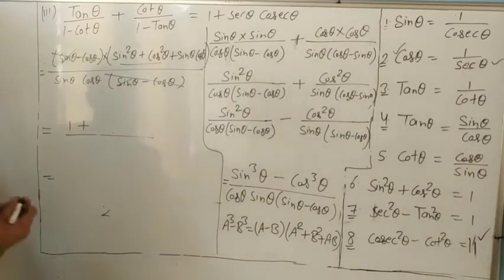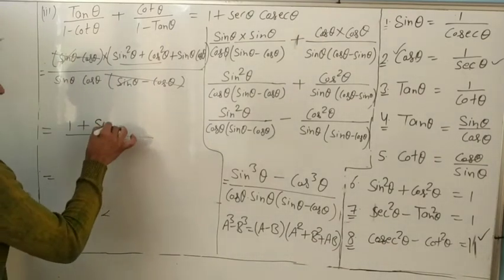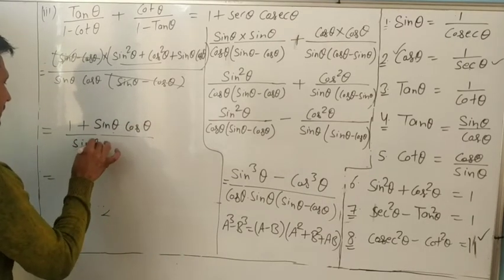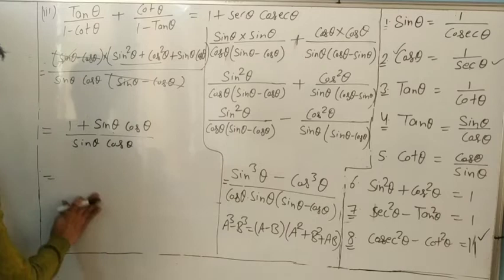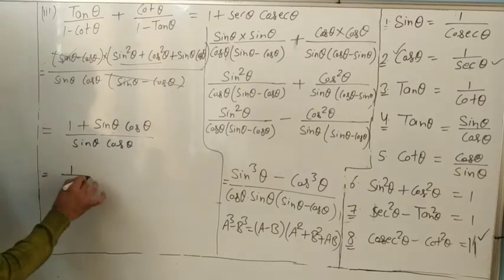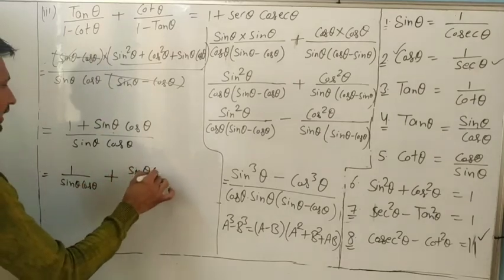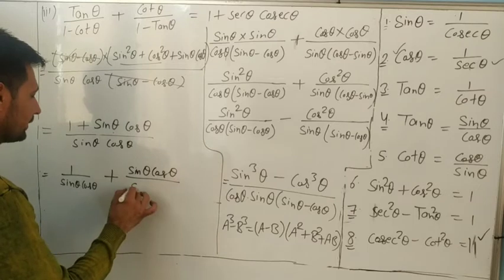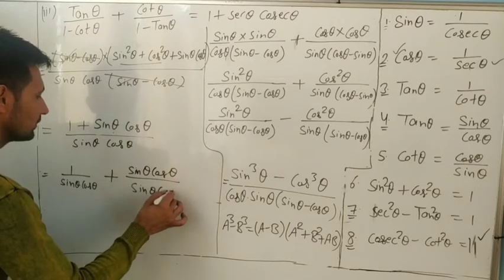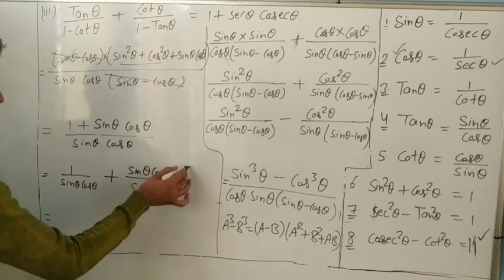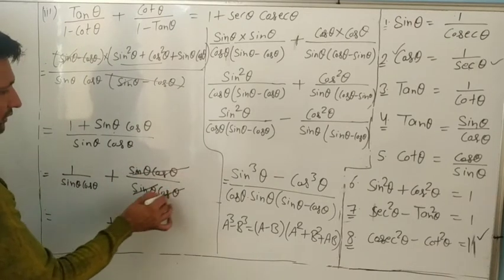Okay, dear. So we will write sin theta cos theta, sin theta cos theta. So what will we write? You will write 1 upon sin theta cos theta plus sin theta cos theta divided by sin theta cos theta. Yes, plus sin theta cancel sin, cos cancel cos.